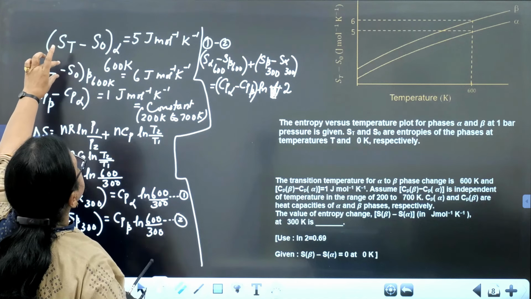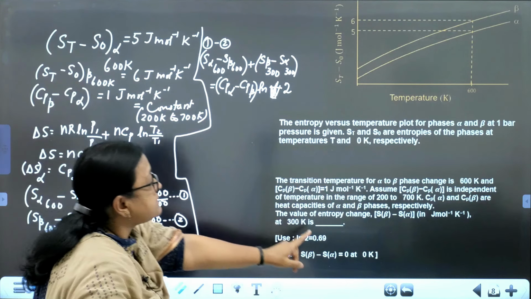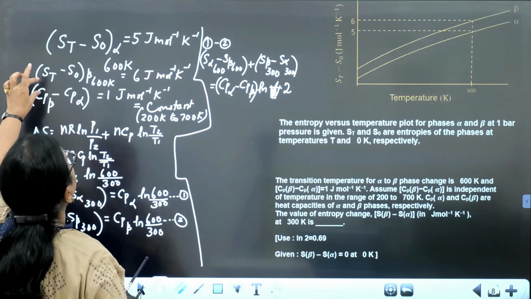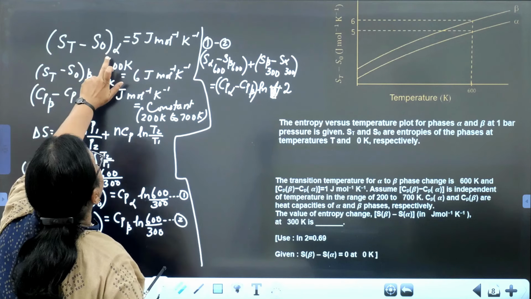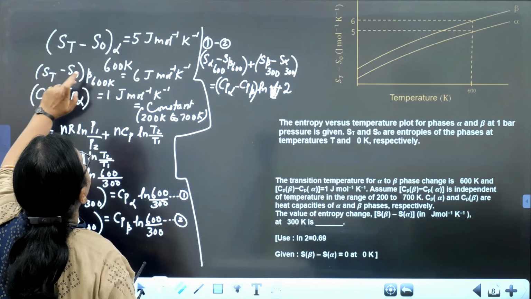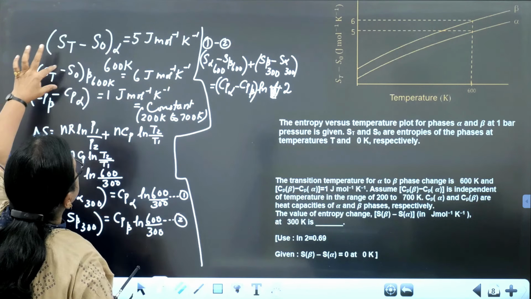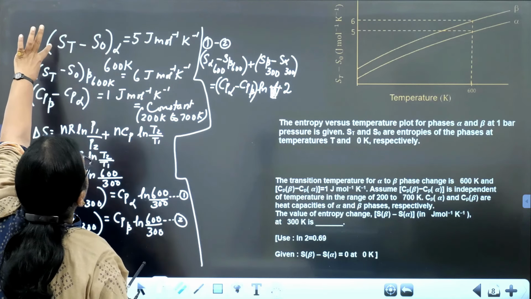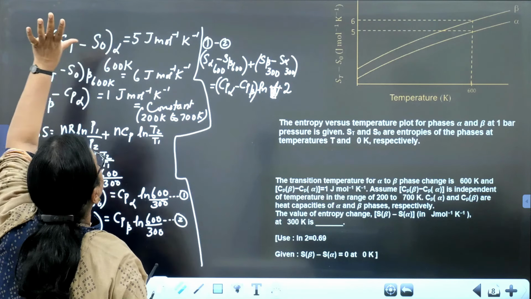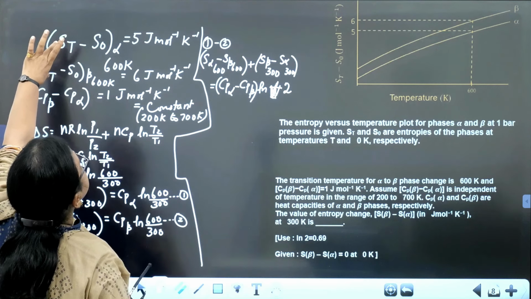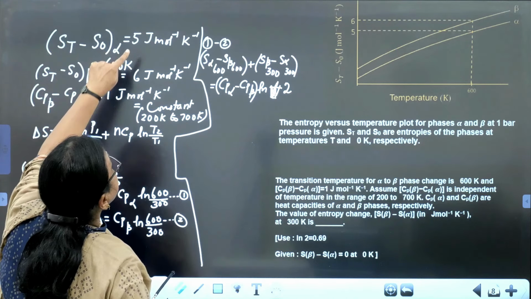So when you take the difference between this and this, S0 beta minus S0 alpha can be taken as 0, that gets cancelled, and you are left with S600 for alpha minus S600 for beta as 5 minus 6.